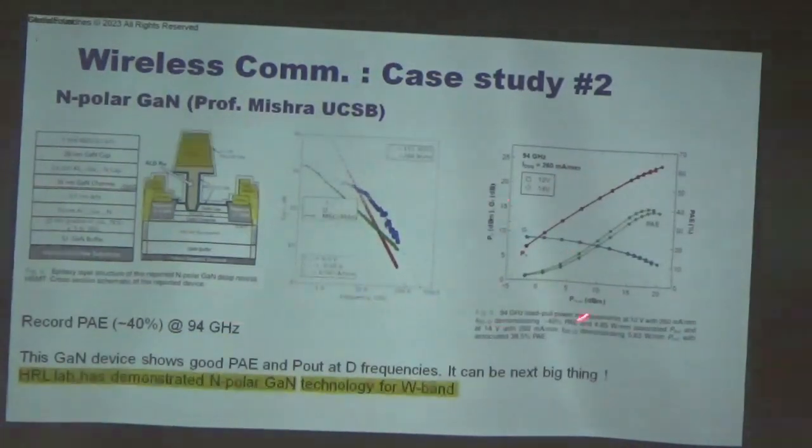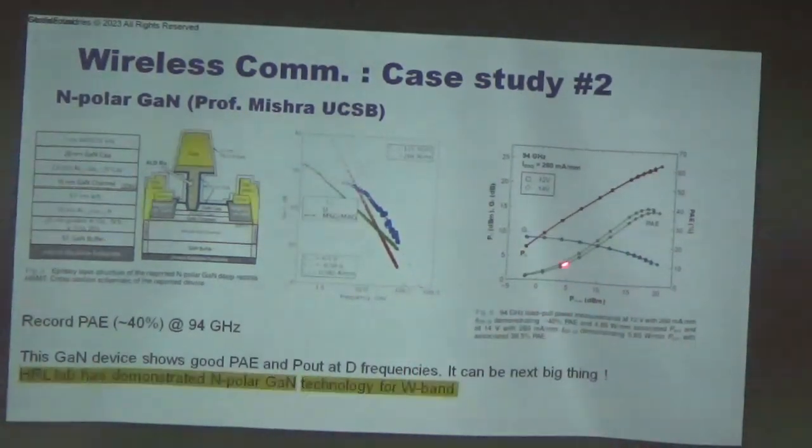So these are a few recent papers. They demonstrated D-band or W-band power amplifiers using different devices. Gallium nitride is one of the major technologies which is growing recently. It is used for high-frequency, high-power applications.